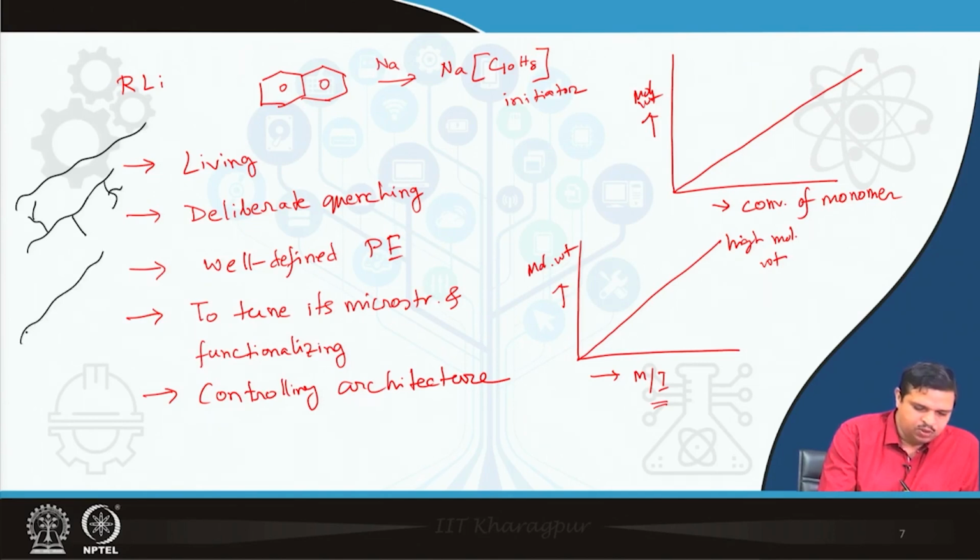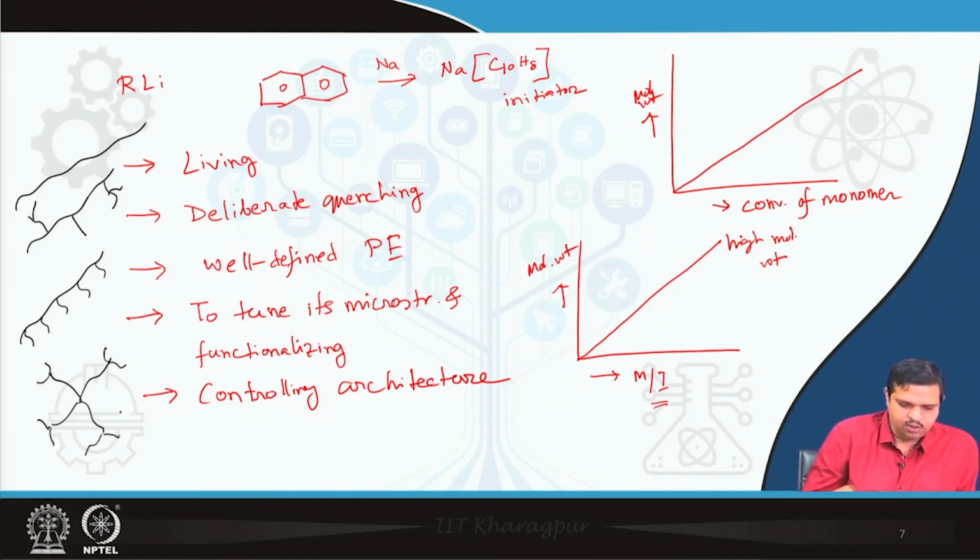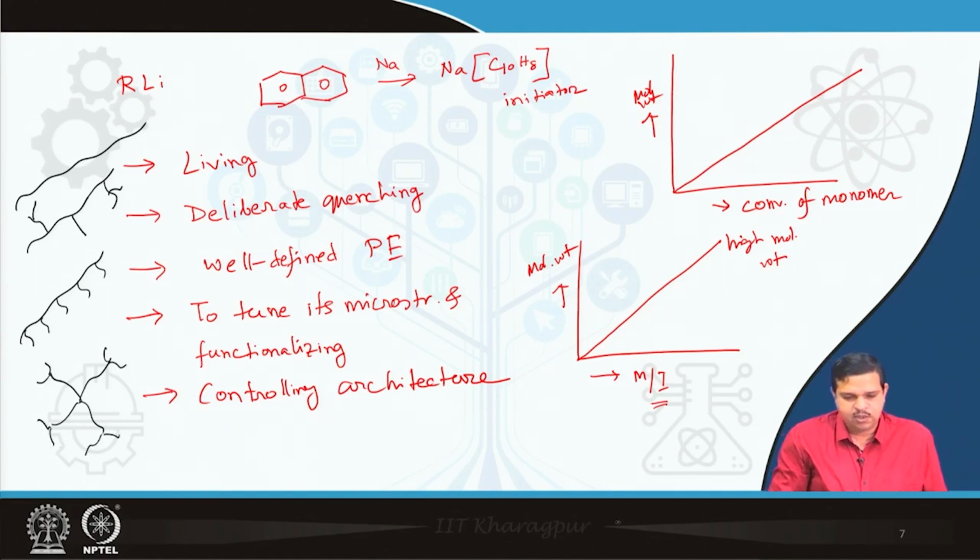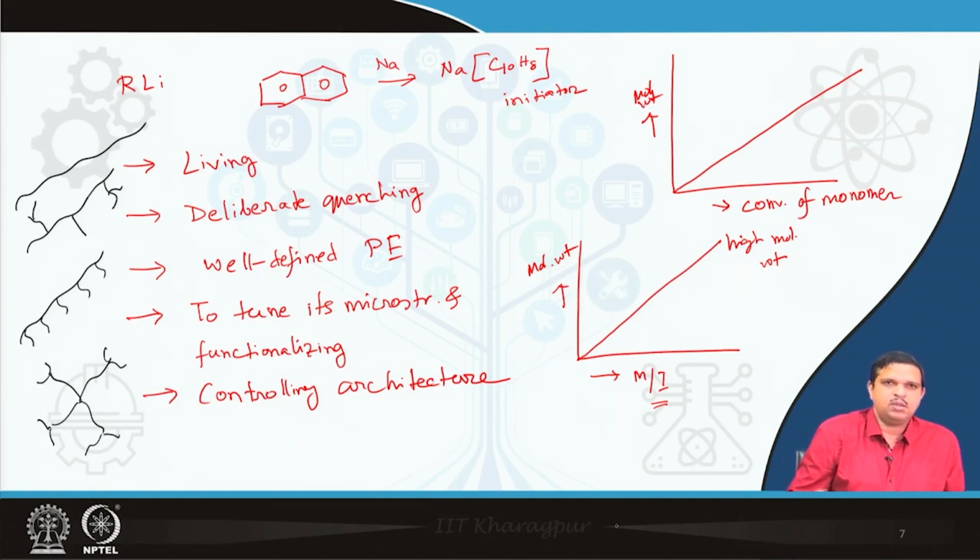Many cases you need a grafted kind of polymer. Okay. Many cases you need this kind of polymers or further controlling the architecture depending on your applications. And if your polymerization is not living or not controlled, you cannot make this kind of polymer architecture.